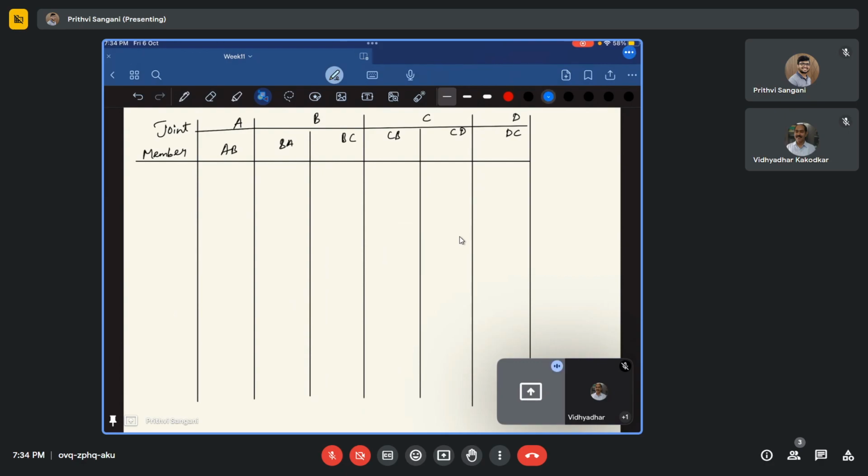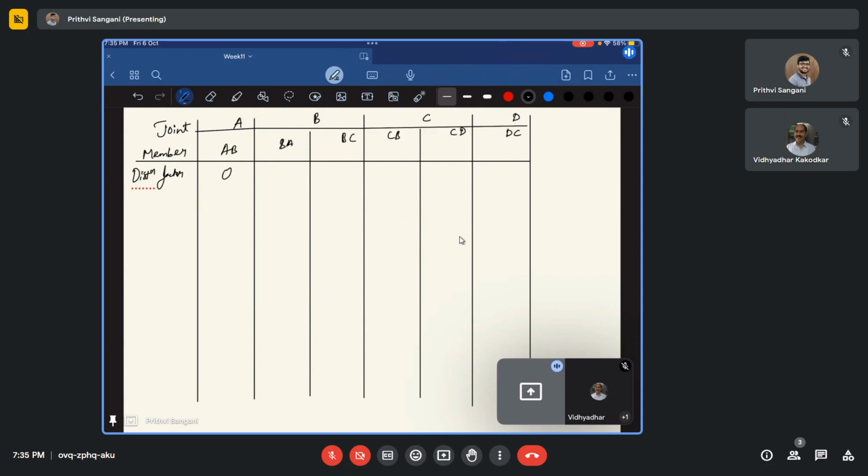Now, first, let us write what our distribution factors are. So for AB it is zero. There is nothing, right? You don't have any distribution happening in AB.